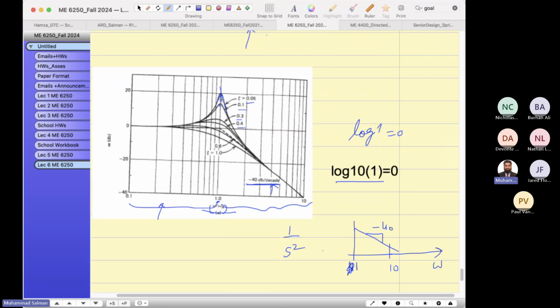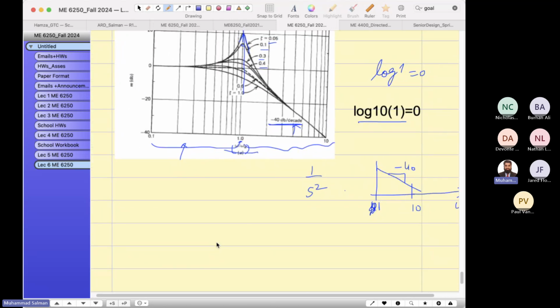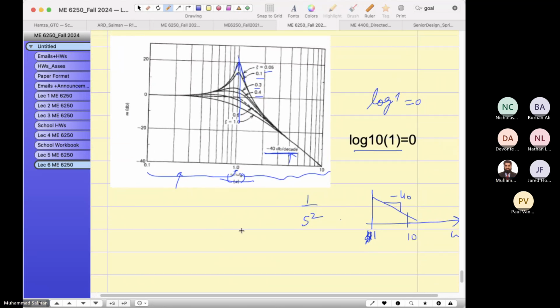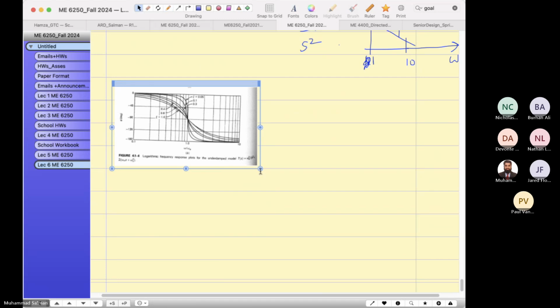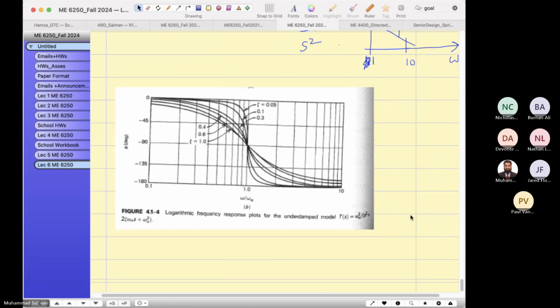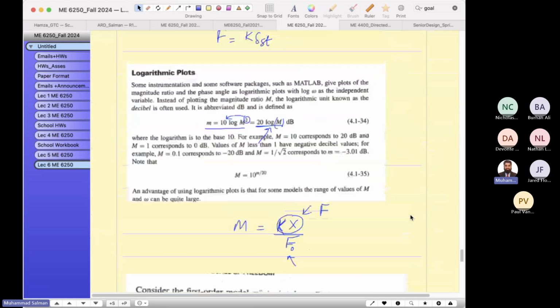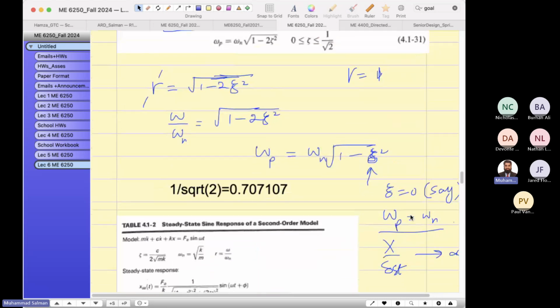This is the corner frequency. When it hits the corner frequency, it starts changing its dB value, the magnitude response. So I want to show you the phase plot. It will look almost the same as what we learned earlier. This is the phase plot here. It is almost the same as what we just saw here.